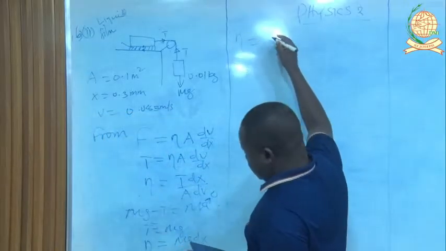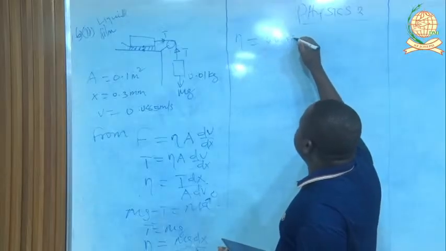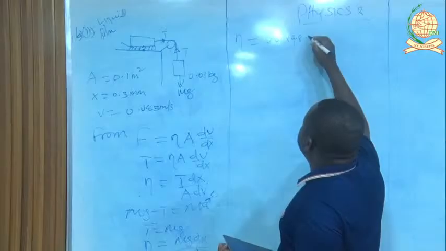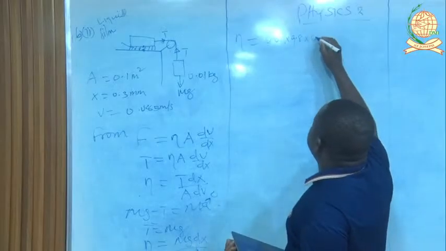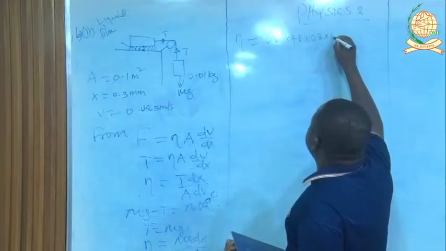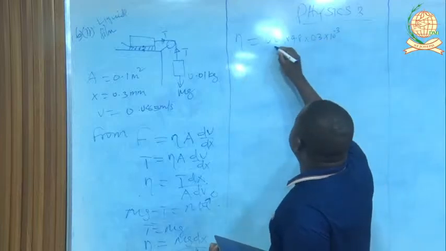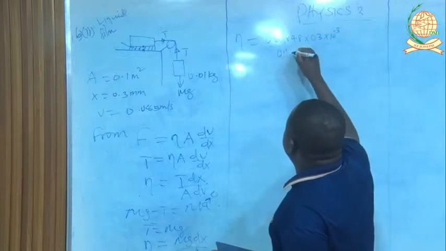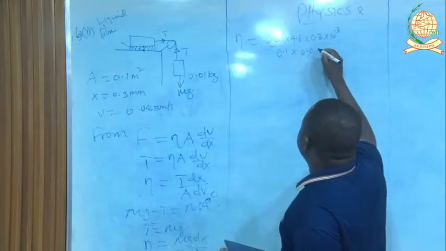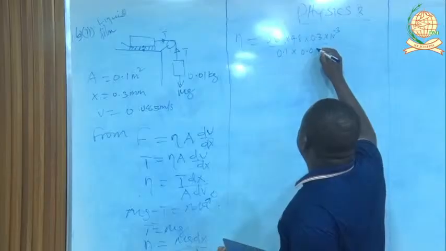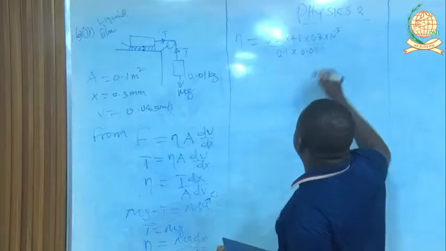So eta equals m is 0.01, g is 9.8, times dx, that is the thickness, 0.3 times 10 raised to minus 3 meters, divided by area, which is 0.1 meter square, times the velocity, which is 0.085.